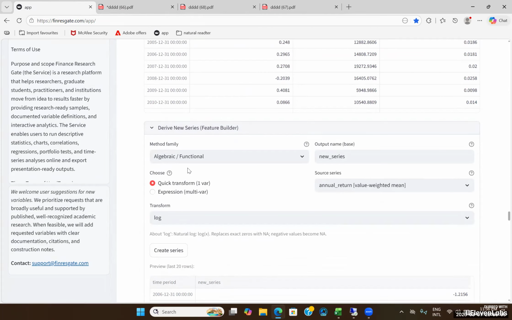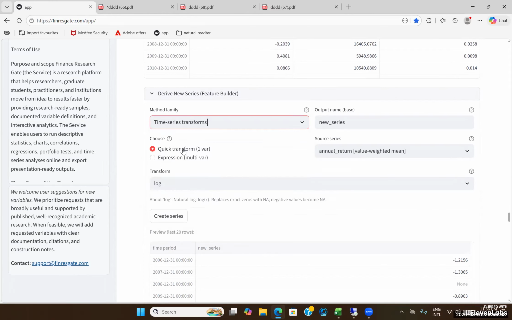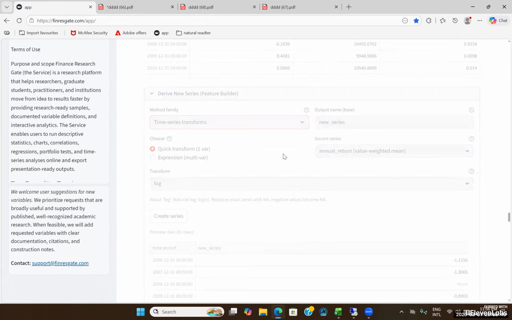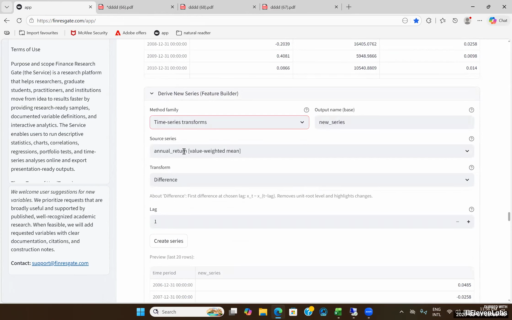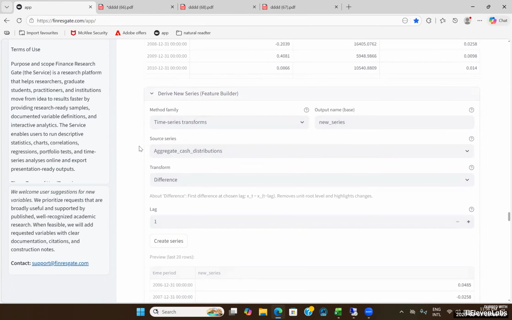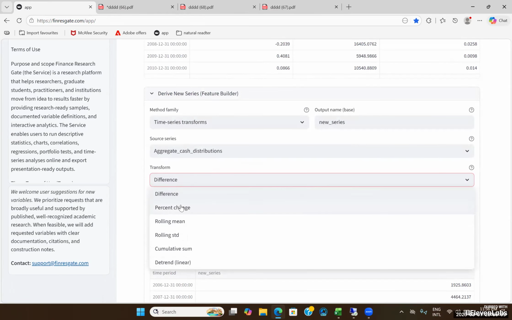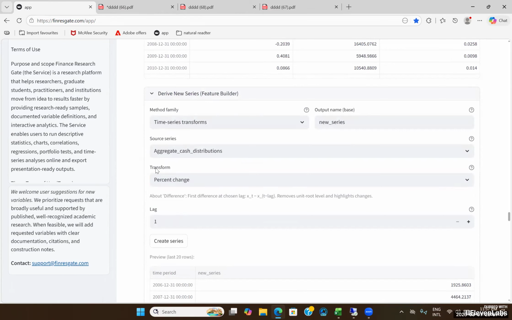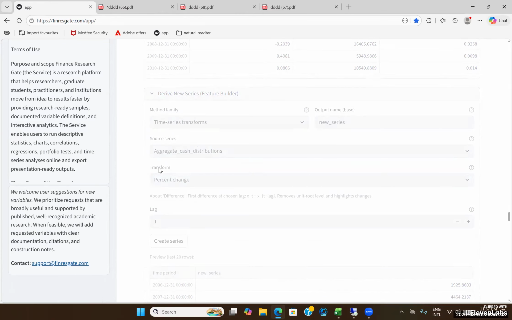To do this, let's derive a new series using this box. We will then apply the time series transform. And then let's now make our final selection for the aggregate cash distribution. And then let's find the percentage change as a transformation method.